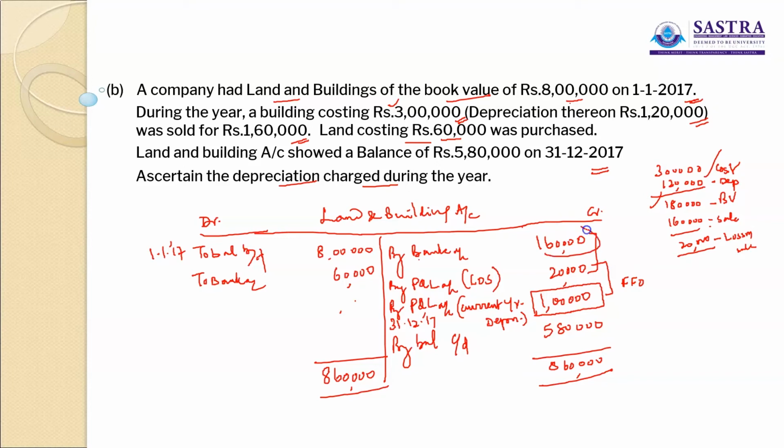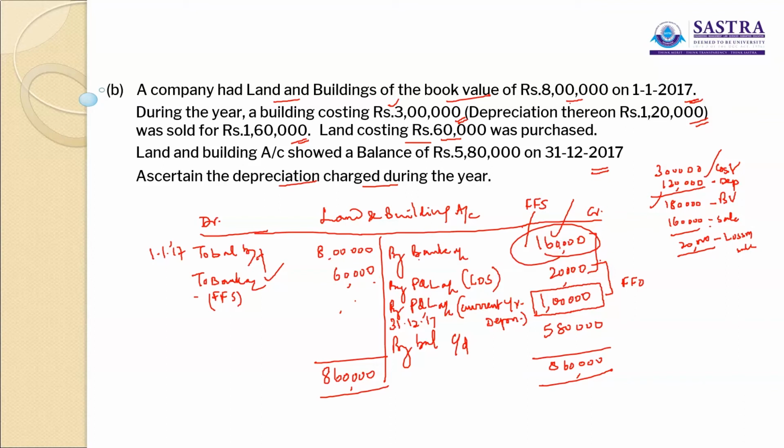And these two information, that is funds from sale of building and fund outflow for purchase of land, will have to be shown in the fund flow statement. So these two information are very much required for fund flow statement. So these are directly and deliberately given in the question.